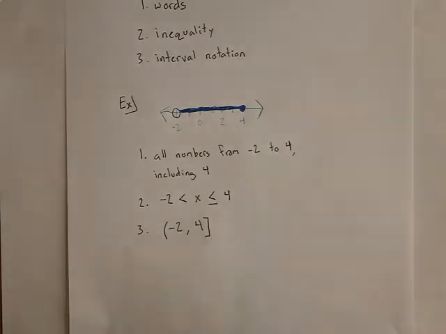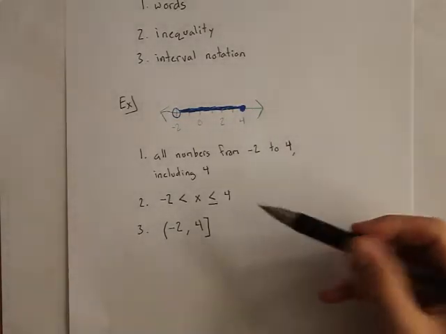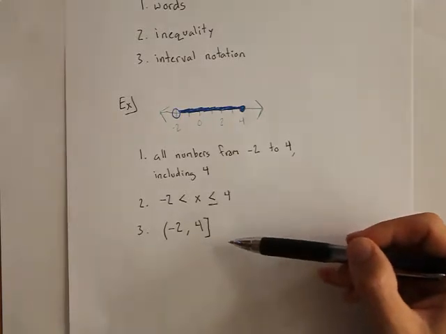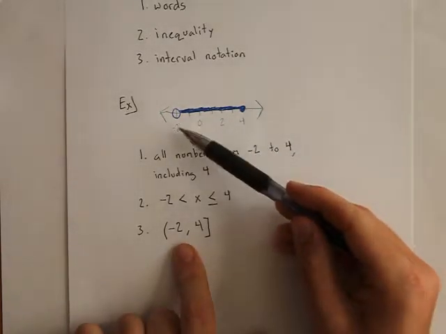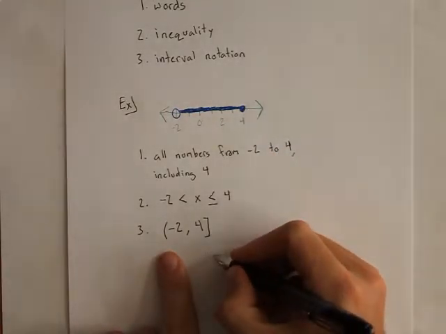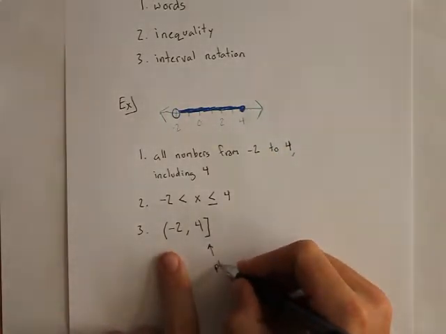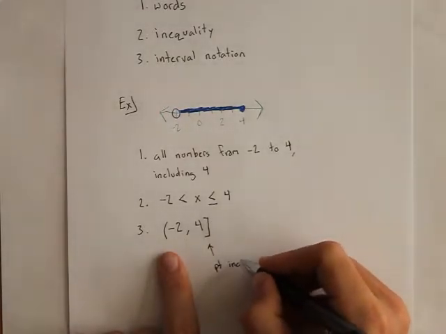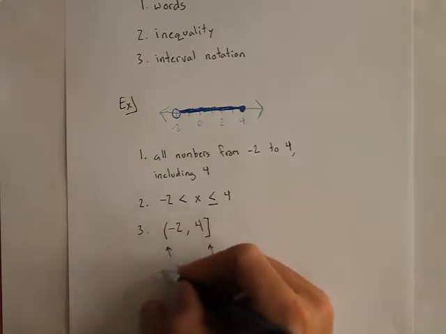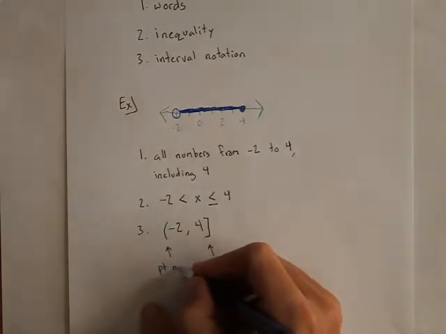All three of these are equivalent statements. This is the one that I'm going to encourage you to become more comfortable with. It describes the same boundaries, -2 to 4. If the point is included, it gets a square bracket. If the point is not included, it gets a parentheses.